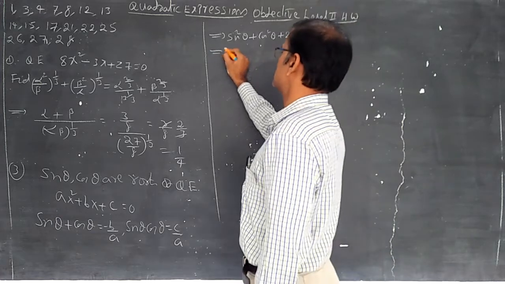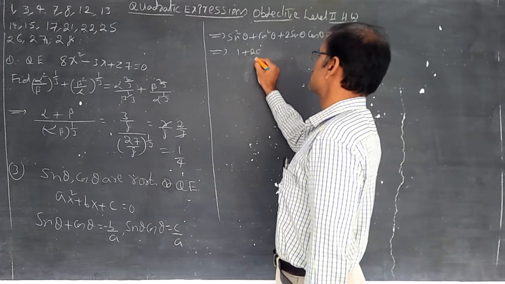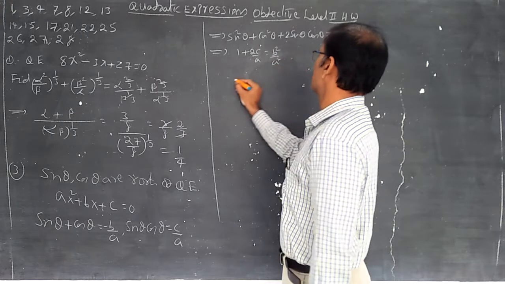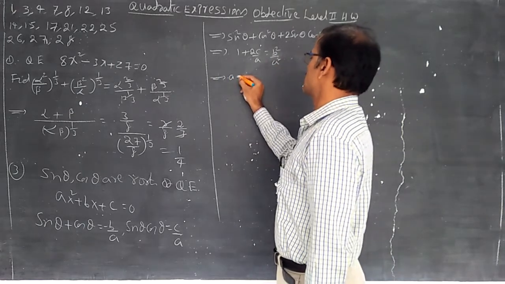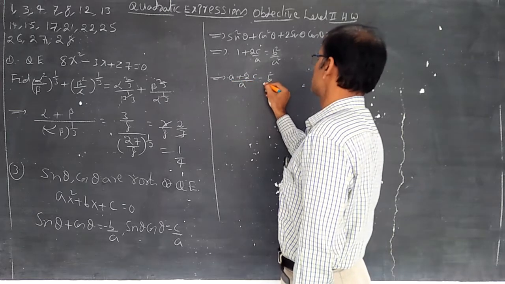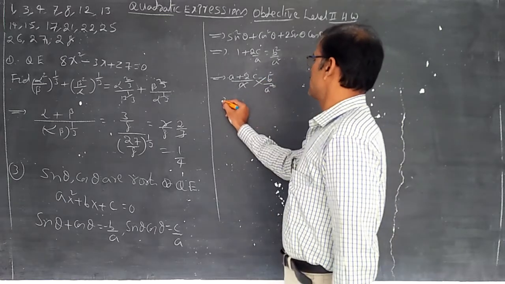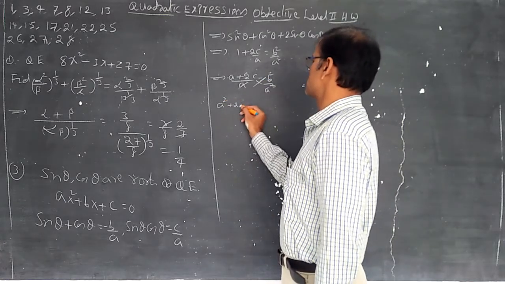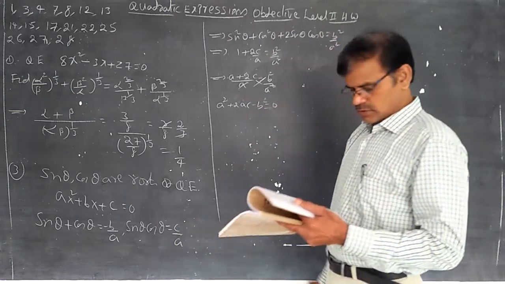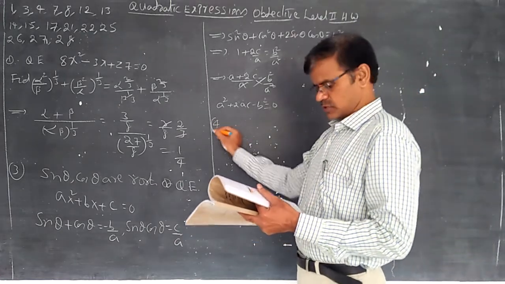That implies sin square theta plus cos square theta becomes 1, plus 2c by a, is equal to b square by a square. That implies (a plus 2c) by a is equal to b square by a square. A square will get cancelled: a into (a plus 2c) minus b square equal to 0, so a square plus 2ac minus b square equal to 0. Option 1.